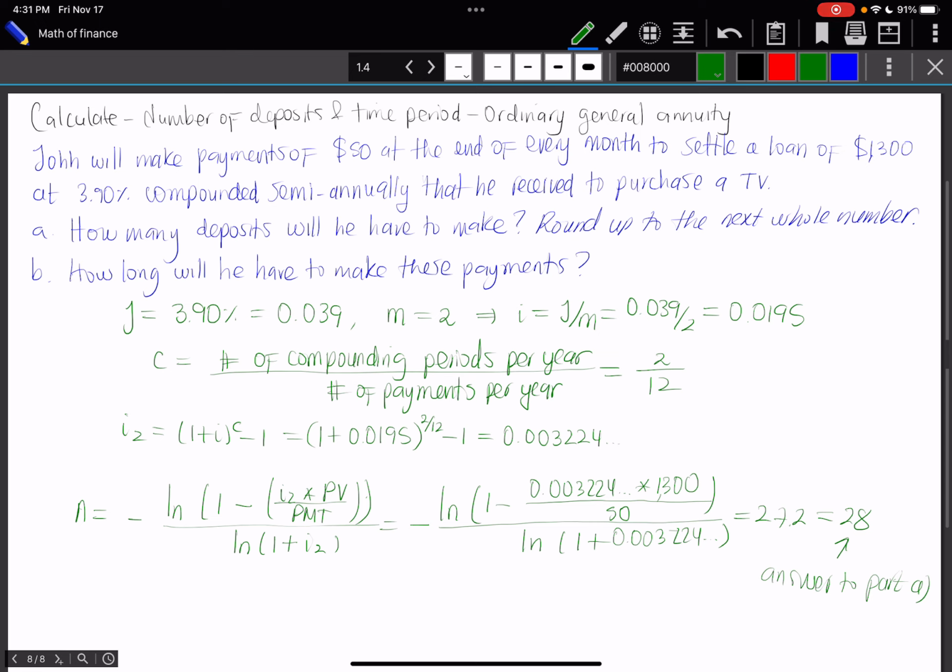Okay, now with the answer to part A, we can compute the answer to part B. The answer to part B is about the annuity term. To find the annuity term, the amount of time that John will have to make these payments, we divide n by the number of payments in a year.